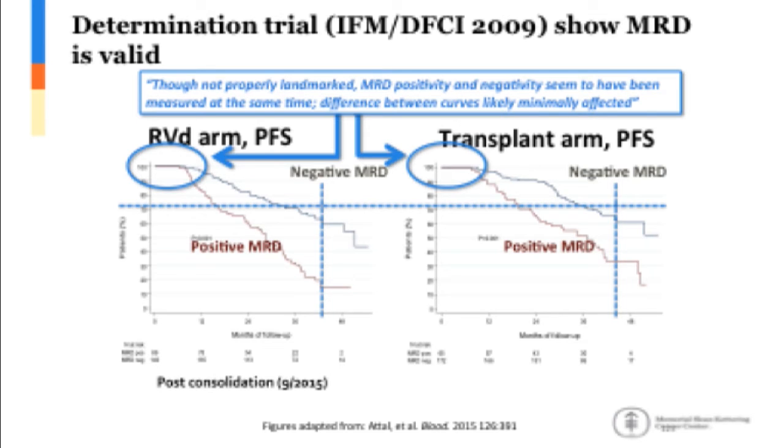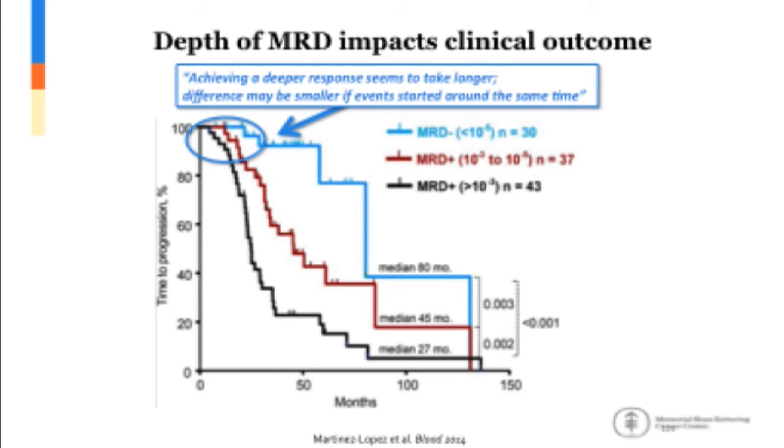But the next one, Ola, if you wouldn't mind, that's one. If this was properly landmarked, we would likely see a smaller treatment effect. What I mean by that: the depth of response, the light blue curve on the top, you can see that has a long, long bar before the first event happens, and that's about 2 years in.